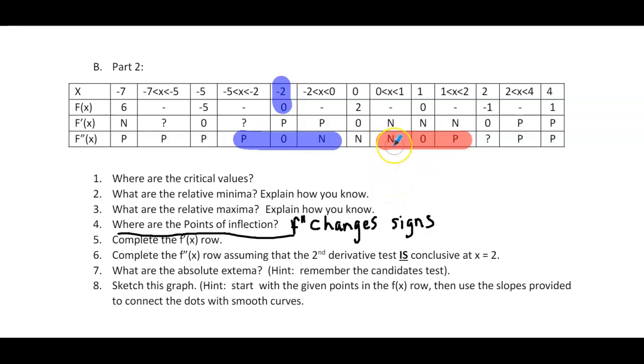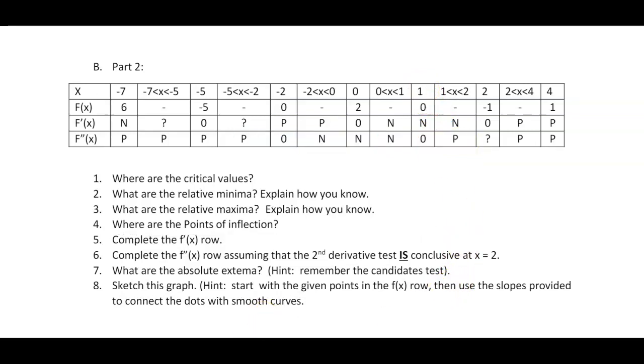Here we're going from a negative second derivative to a positive second derivative, and that happens at this point here. So for this particular problem, we would answer there's a point of inflection at (-2, 0) and (1, 0), since f double prime changes signs at those points.